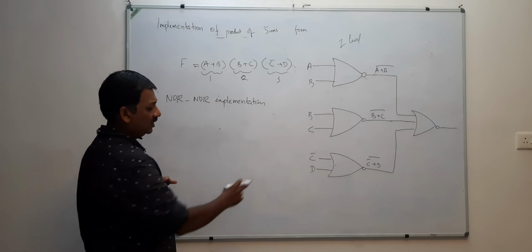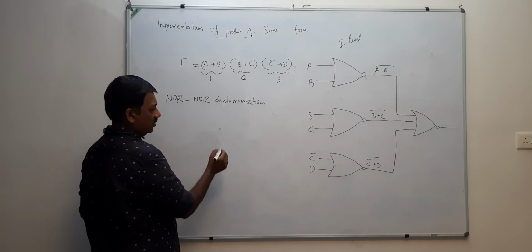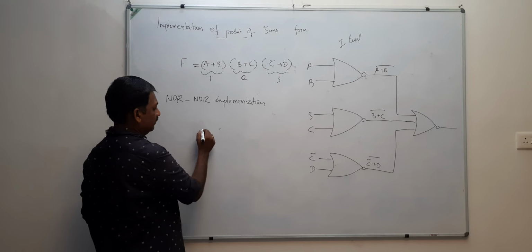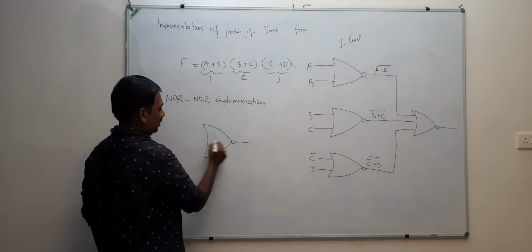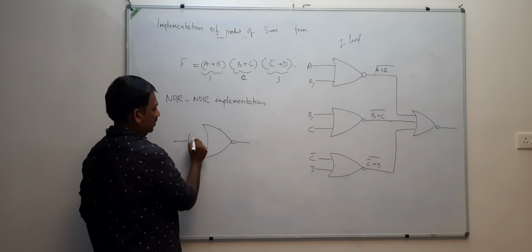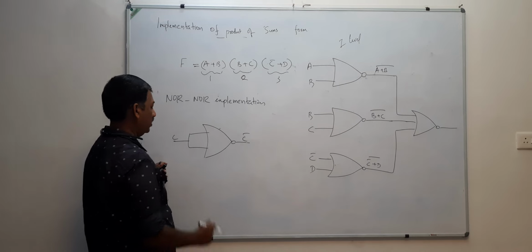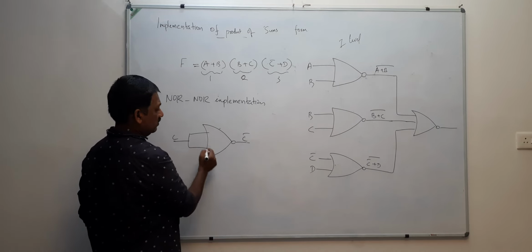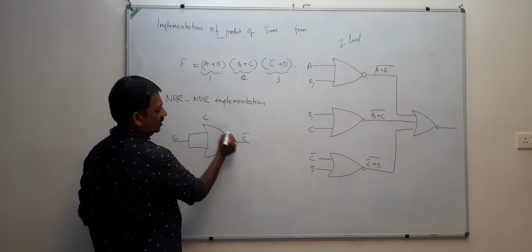For taking the complement of C, simply use a 2 input NOR gate and give C to both inputs. What will happen? C bar is the output. Why? C plus C is C itself, and when you complement that, you get C bar.